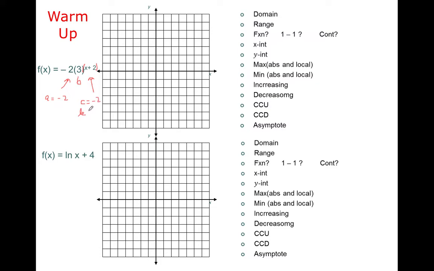Which means I go left 2. Right? So remember, for us, you're always taking the initial point 0, 1 and 1, b and telling me what happened to it.